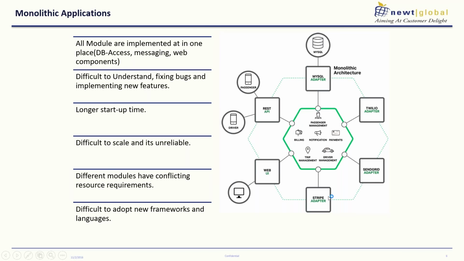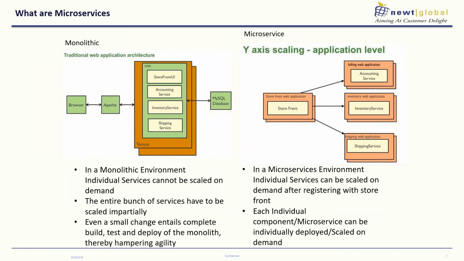When you develop an application, let us say your application has a lot of features like billing. Let us say you're building a travel application, right? You have a driver management function, a trip management class, and billing. So you create a giant war file, you create several classes and you package the whole thing as one war file, right?